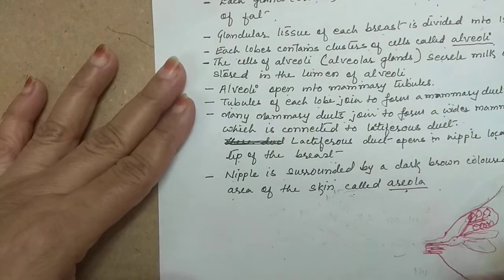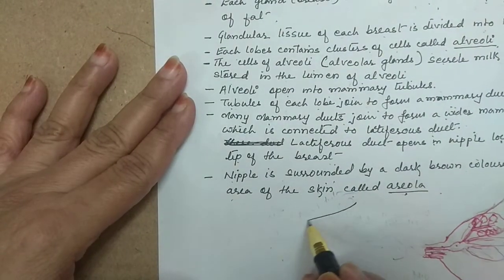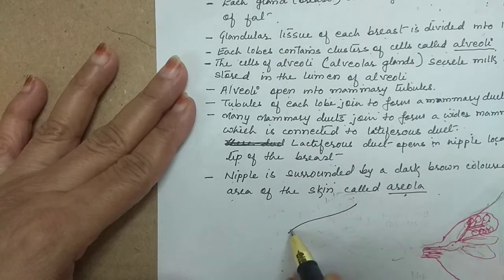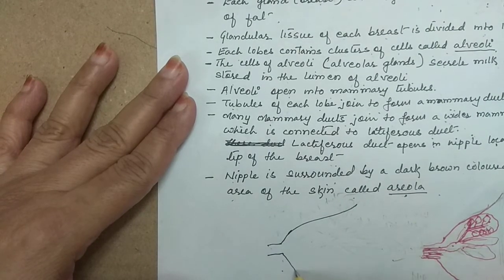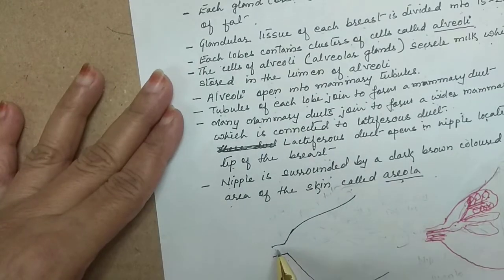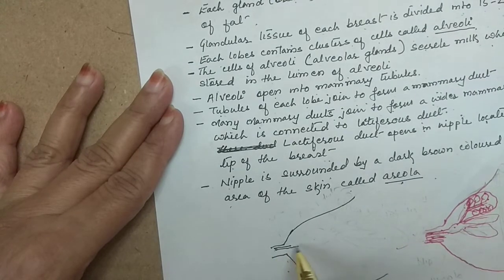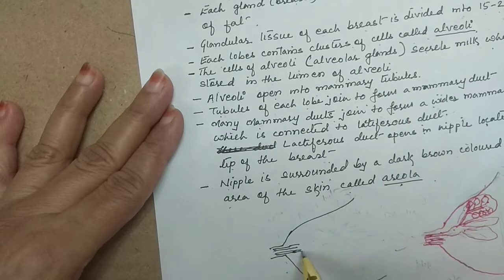Now how is the internal diagram of the breast? See here, they have the nipple. Here you have more than one lactiferous duct.